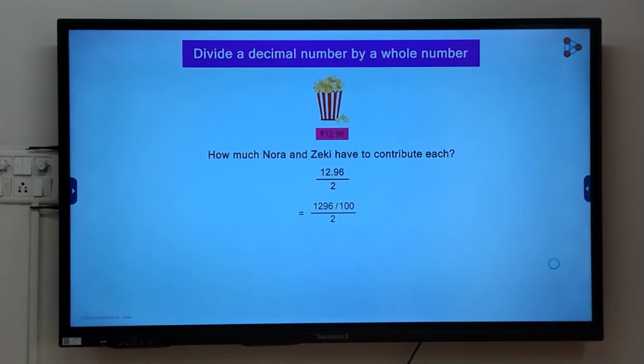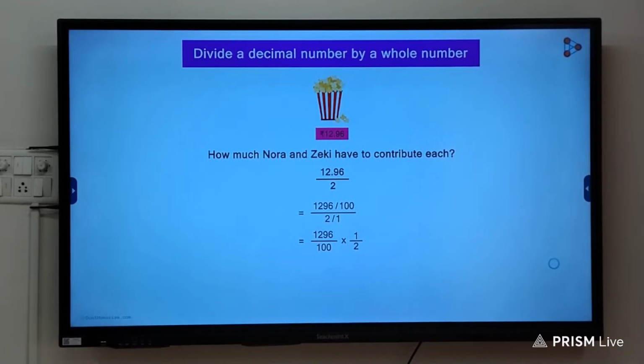We know that dividing a number by a fraction is the same as multiplying a number with the reciprocal of the fraction. There's no fraction in the denominator. Well, here 2 can be written as 2 by 1, and the reciprocal of 2 by 1 is 1 by 2. So instead of dividing 1296 by 100 with 2 by 1, we can multiply with 1 by 2.